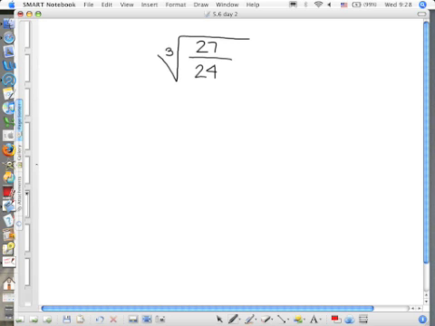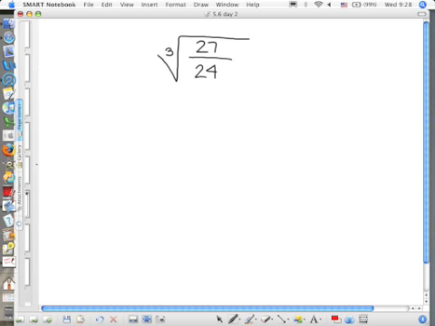So that means that it's the cubed root of 27 divided by the cubed root of 24. Since the whole thing is under that grouping symbol, what does the order of operations say to do first? Parentheses are groups, right? So if we can simplify this fraction, then we need to do that first.